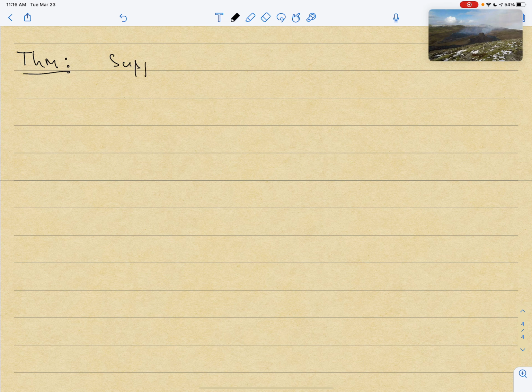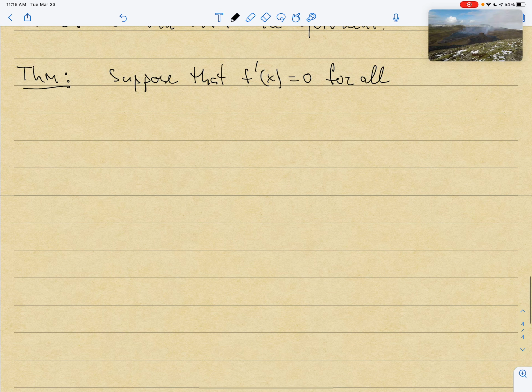Suppose that we have a function f that is such that f prime of x is equal to 0 for all x in some interval (a, b).